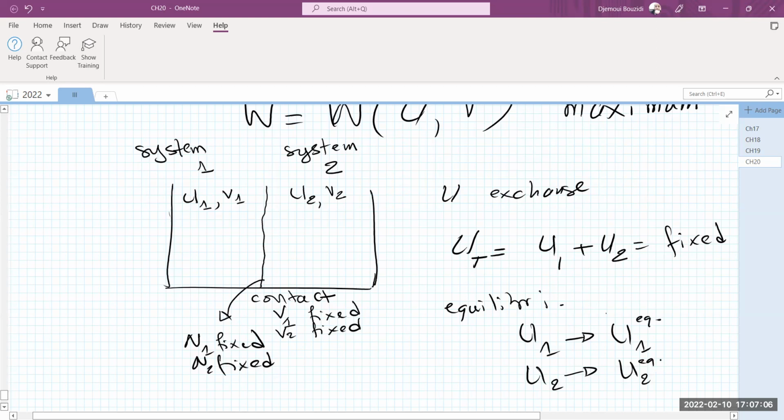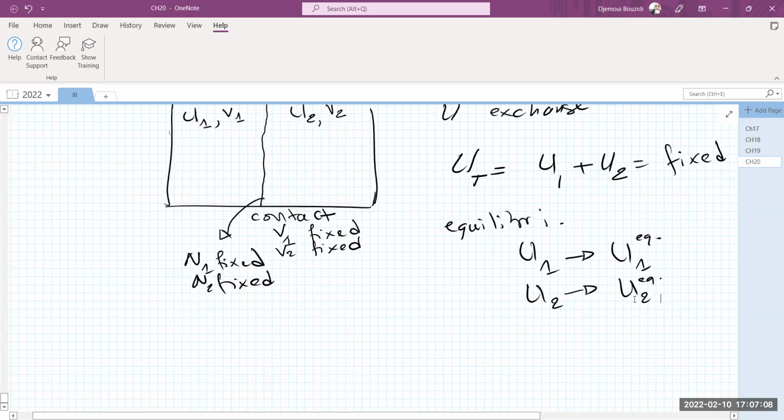In other words, these two can change individually, but at the end of the day, their sum stays the same. So U total is still the new value for one plus the new value for the other, but it's still the same value. It didn't change. It's still the original one, okay?